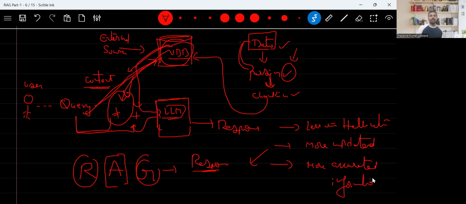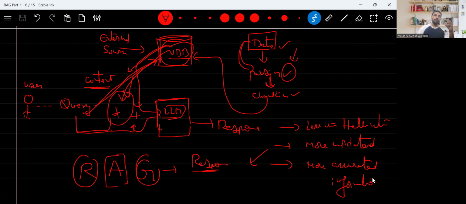So this is the complete architecture of RAG. The user query, that prompt, will be sent as a context to the vector database. According to the context of the query, information will be retrieved from the vector database. That external information, that means that context, and your query will be combinedly sent to the LLM.